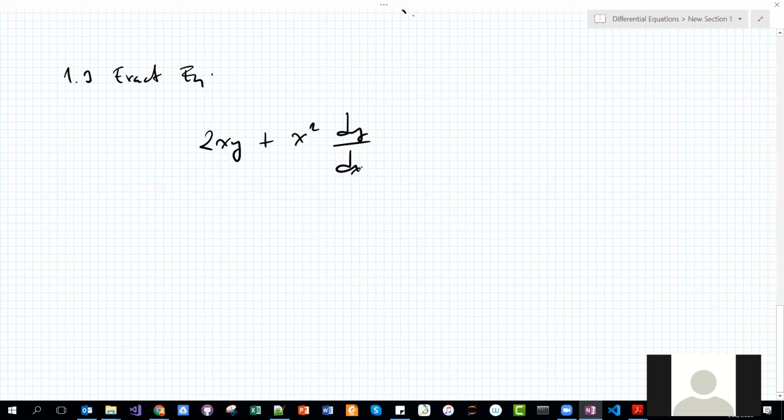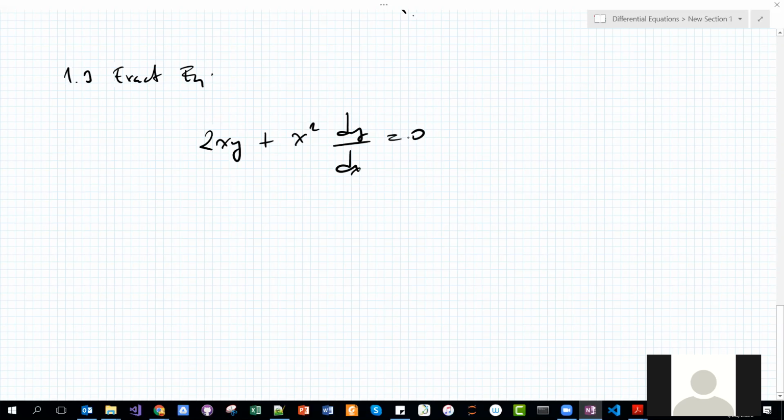The third question is about exact equations. So 1.3, exact equations. Let me solve the first one: 2xy plus x squared dy over dx, which is equal to 0.